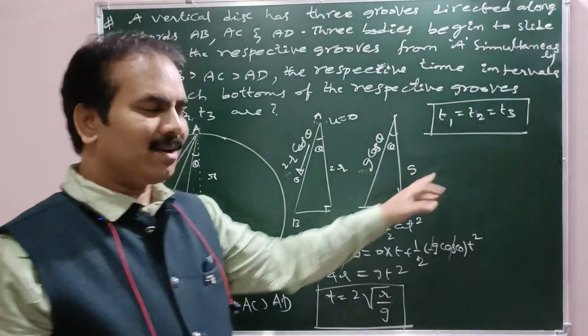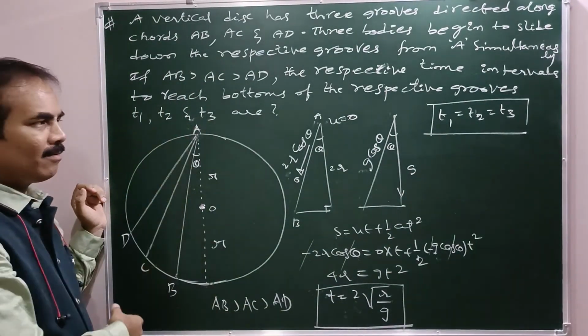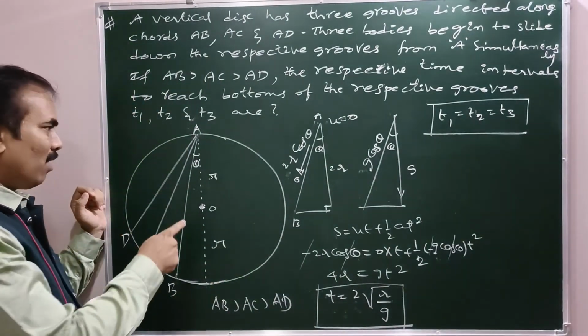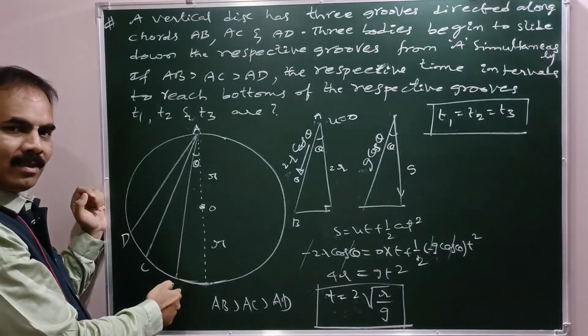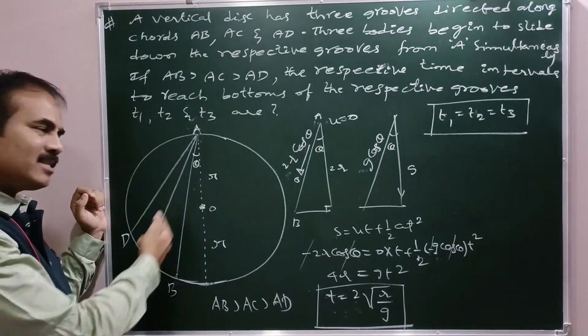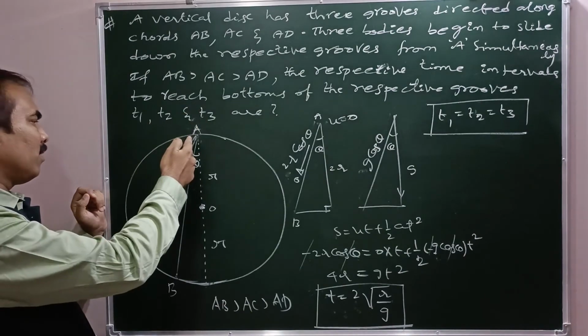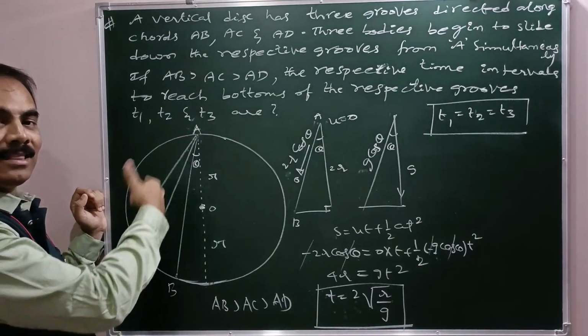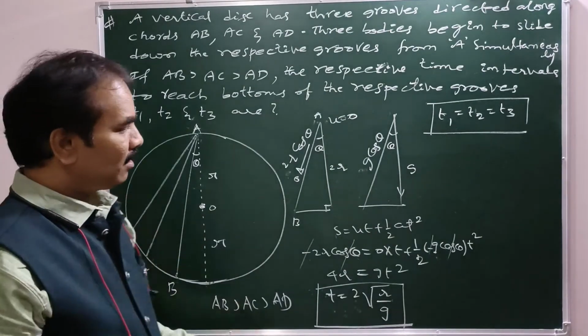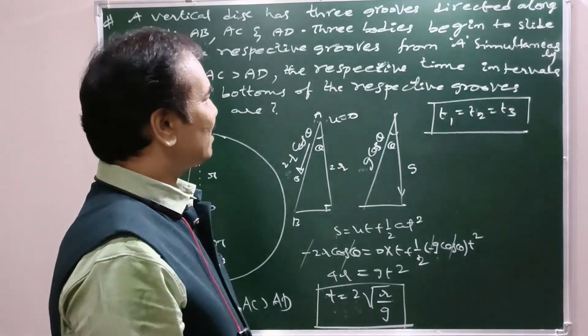Grooves lengths are different, but still time taken is the same. So time taken for the ball along AB is equal to time taken for the ball along AC, is equal to time taken for the third ball to move from A to D. No difference at all.